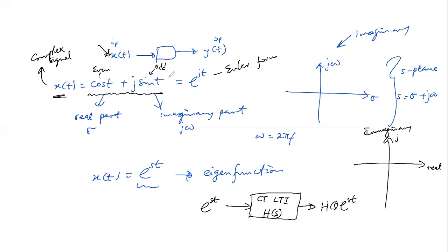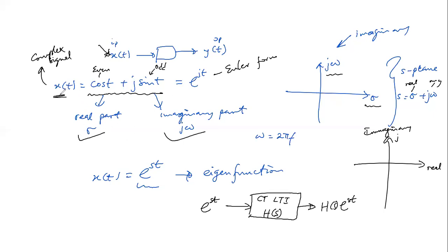If we want to plot this in the complex plane, we have to separate the real part and the imaginary part. That brings us to the s-plane, which is also the sum of the real and the imaginary. This is the real part, and this is the imaginary part.